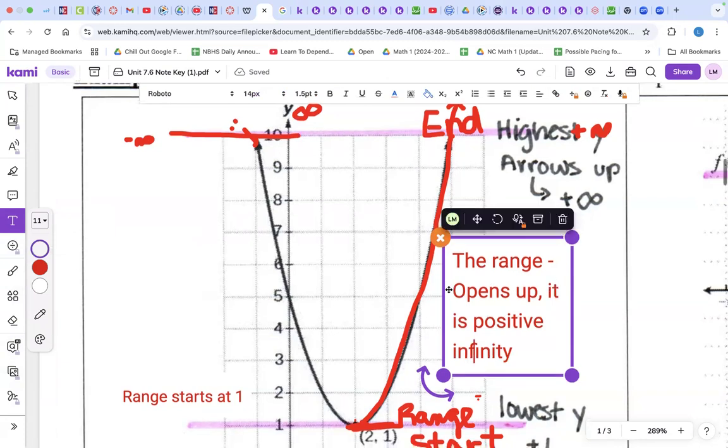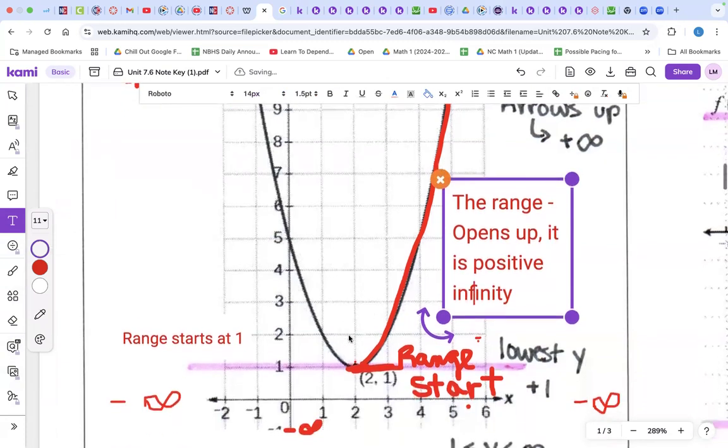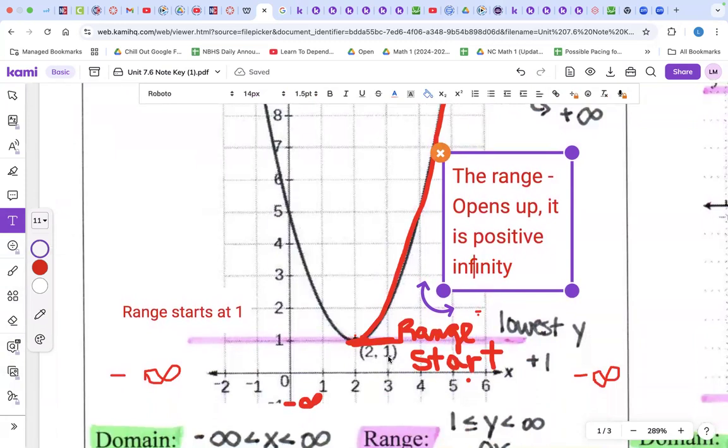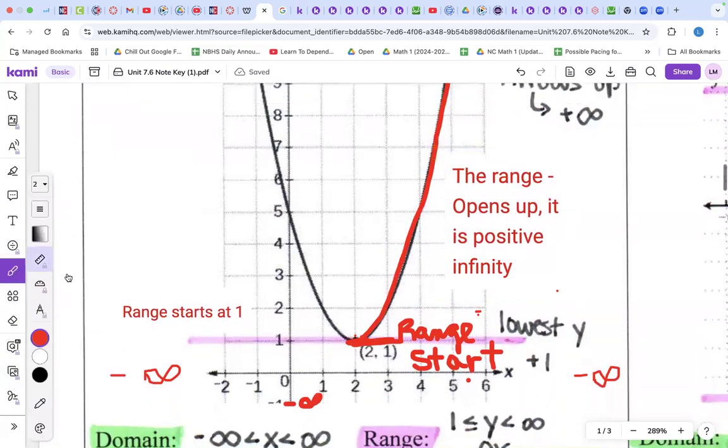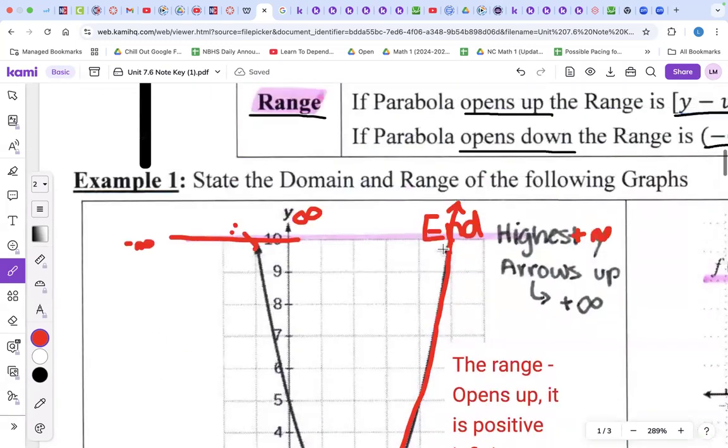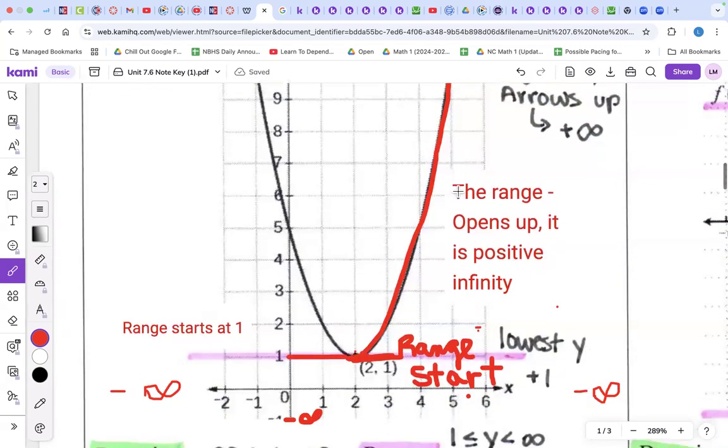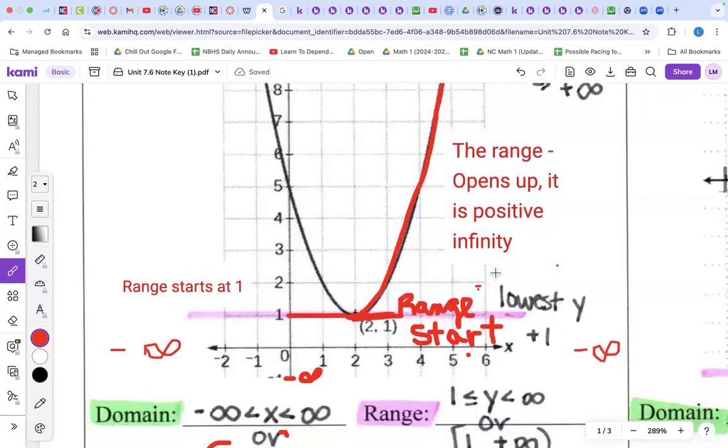All right? And that means this one, the range started at 1. And the range, remember, that's your y. So the range starts at 1, and it goes all the way to positive infinity because it opens upwards.